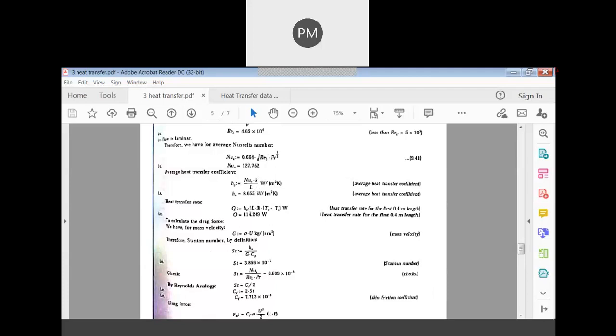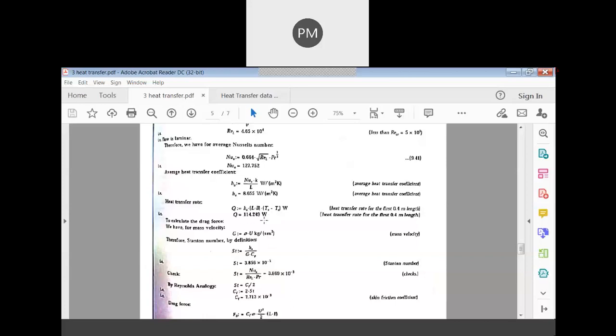You can get the value of heat transfer coefficient, that is average heat transfer coefficient. And you know the formula for heat transfer, it is given by h into area into delta T. Okay, h you have obtained 8.6, area is length into width. Width I told you we are going to take 1 meter, length is 0.4 meter, and the temperature difference between the surface of the flat plate and the air you have to take.